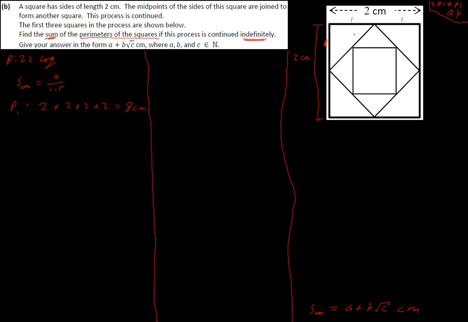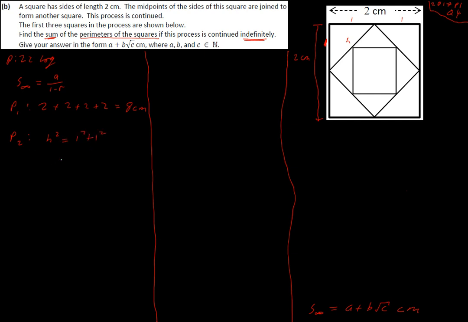Now I want to find out what the perimeter of my second square is going to be. So I am going to try and find that. It's a hypotenuse of a right angle triangle is what jumps out at me here. So I'm going to find the hypotenuse of that. So it's going to be h squared is equal to 1 squared plus 1 squared.